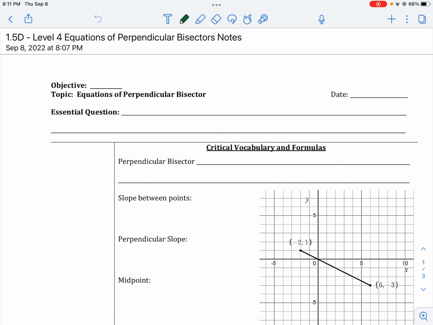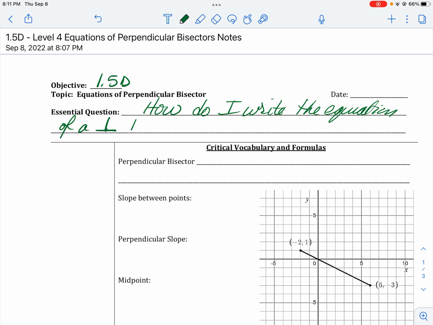These are the notes for 1.5D. And our question today is, how do I write the equation of a perpendicular bisector in slope-intercept form?